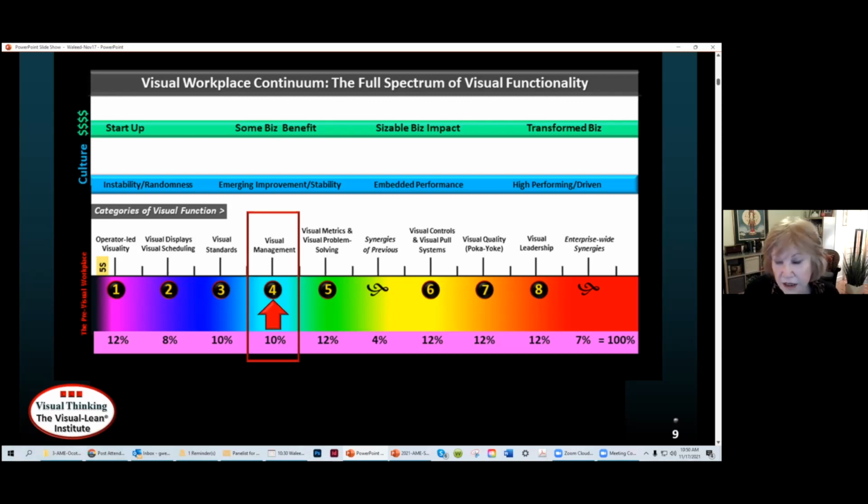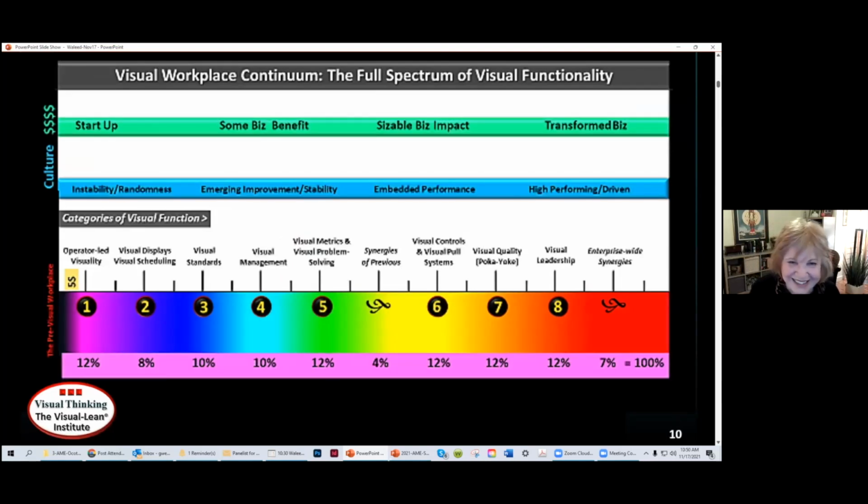And you see that I gave visual management a 10%. That is a generous 10%. I gave the importance of operator-led visuality 12%, pull systems 12%, quality 12%, visual displays and visual scheduling, which I adore, I gave it reluctantly 8%, but I had to find some points for visual management. I love visual management, but he's not the only kid on the block, and you need to know that.